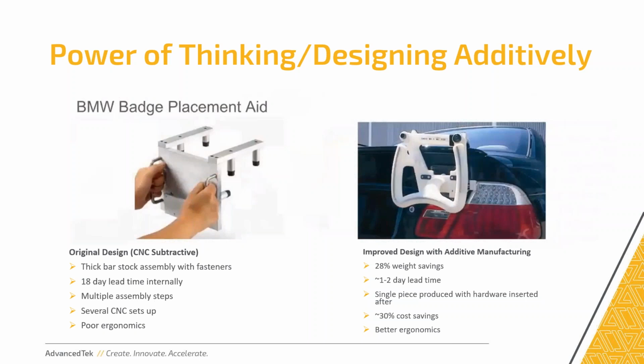Your lead time dropped from 18 days down to 1 to 2 days. And it was a single 3D printed piece with a couple hardware inserts afterwards. So they were printing those complicated components and using off-the-shelf pieces where it made sense. And at the end of the day, it was a 30% cost savings, and it had better ergonomics.